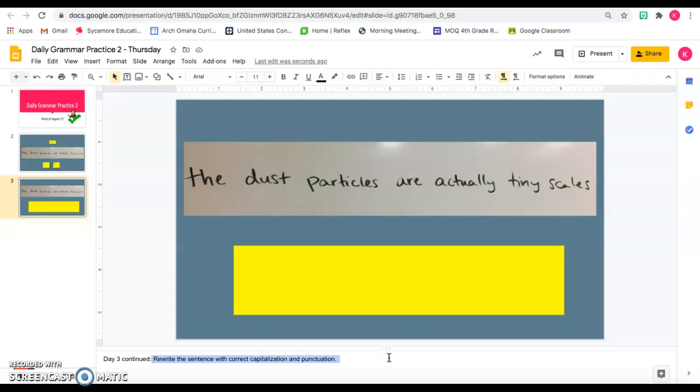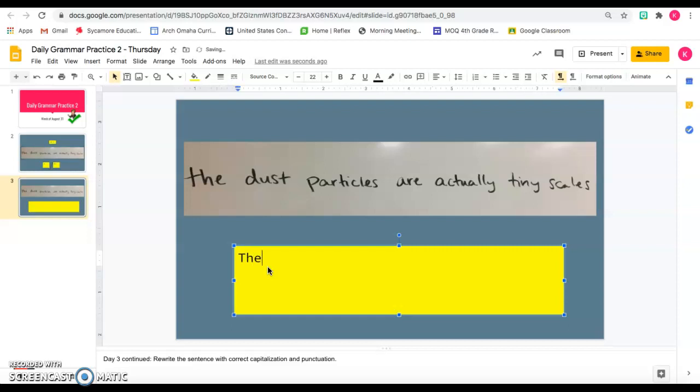Spelling will always be correct. So at the beginning of this sentence, we always capitalize the first letter. So we'll capitalize the T in the word the. Dust particles are actually tiny scales. Okay, so I don't need to worry about the spelling of any of that.